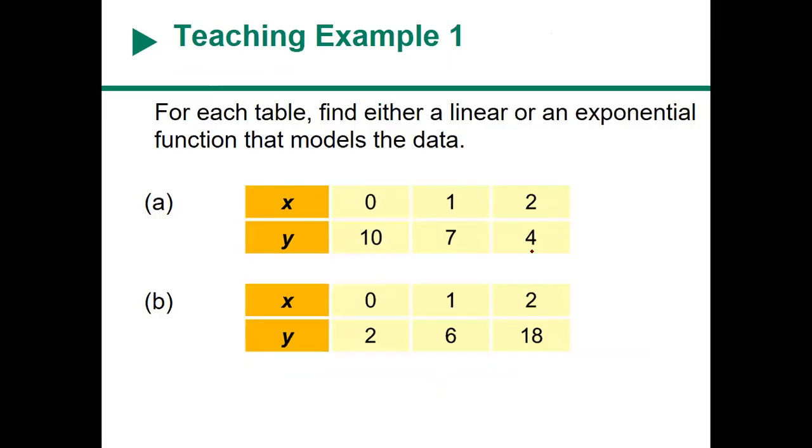How did I get from 7 to 4? So what did I do? I added -3, right? How did I get from here? I also added -3. Because I'm consistently adding the same number, that means that this is a linear model.